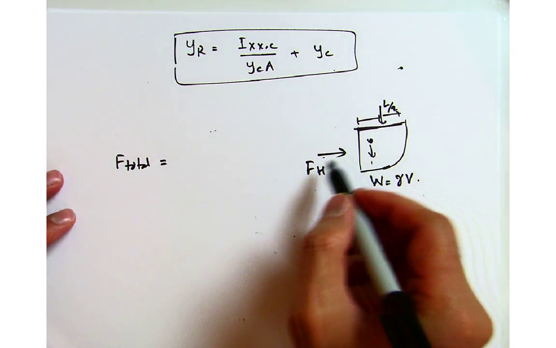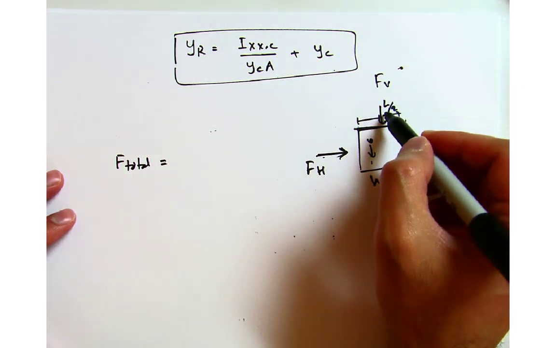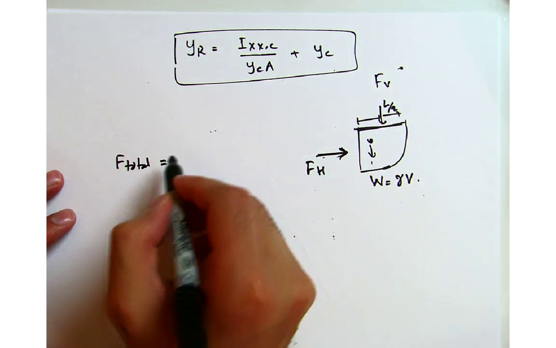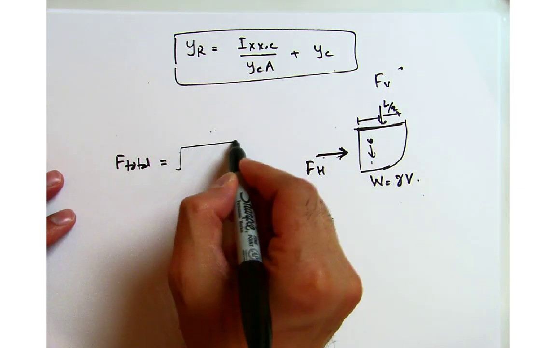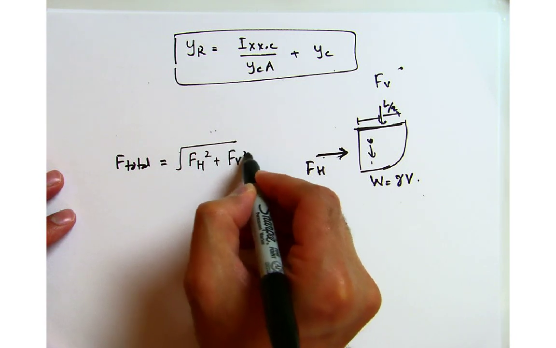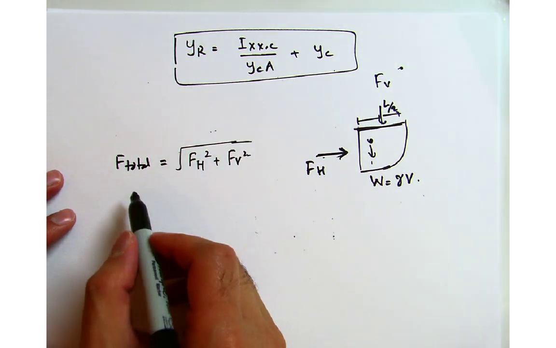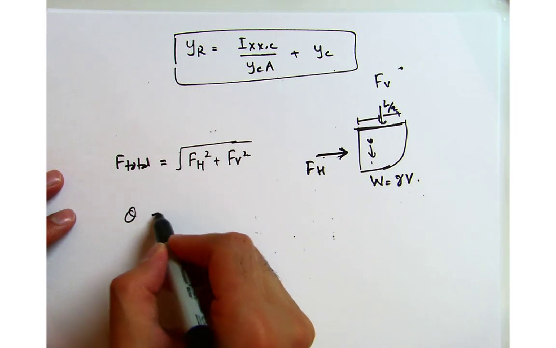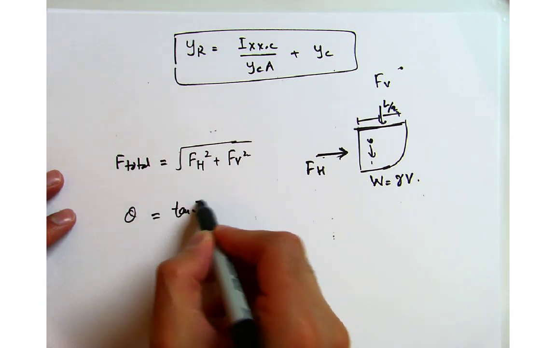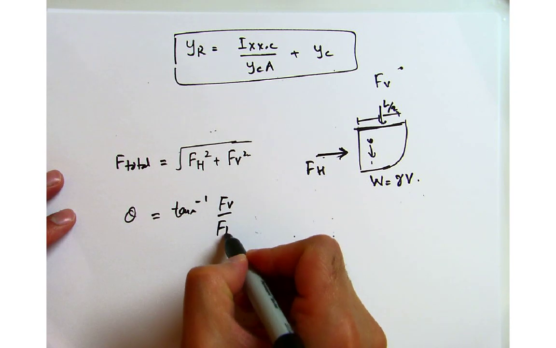So the total force F total, because you have a horizontal force and two vertical forces, one here, one here, would be the square root of F_H squared plus F_V squared. That will give you the magnitude of the total force, and where that force acts is given by the tangent inverse of F_V over F_H.